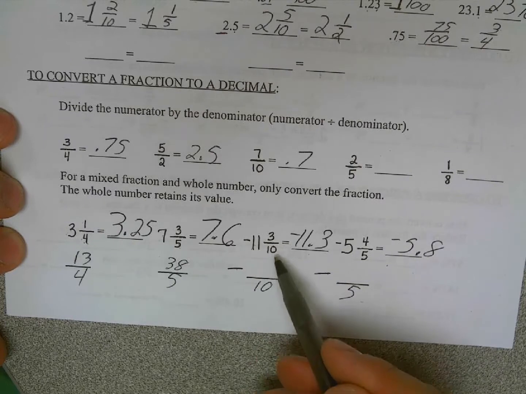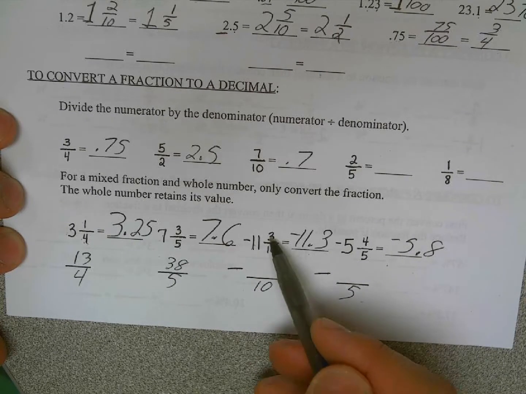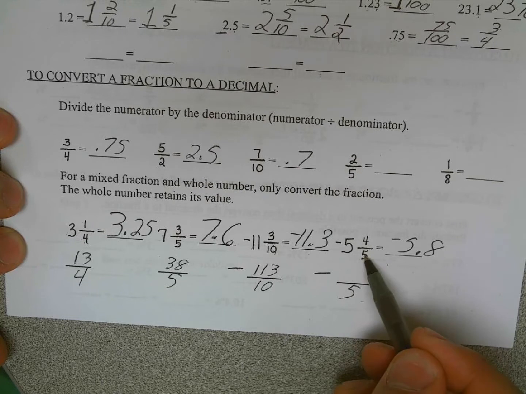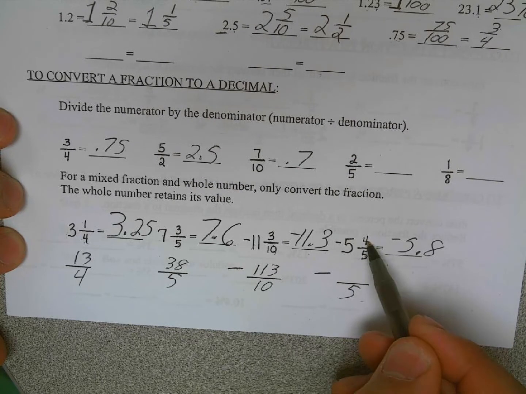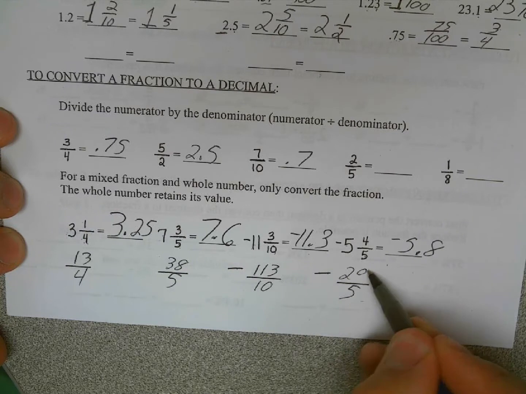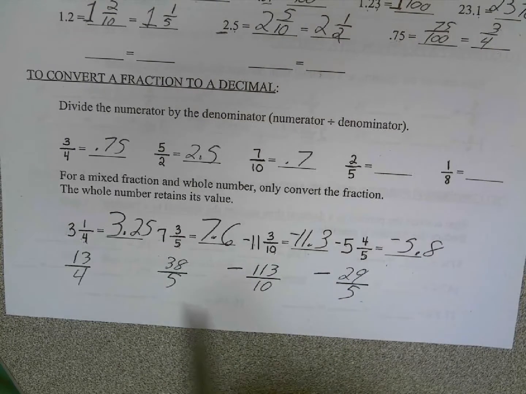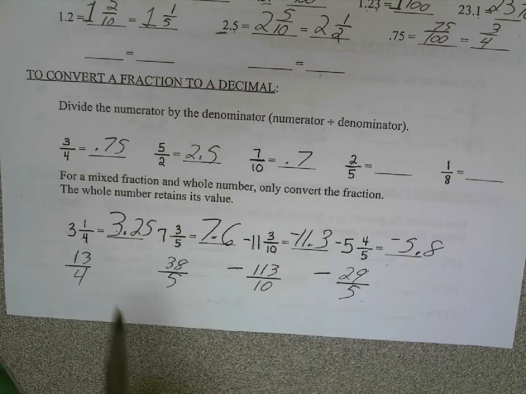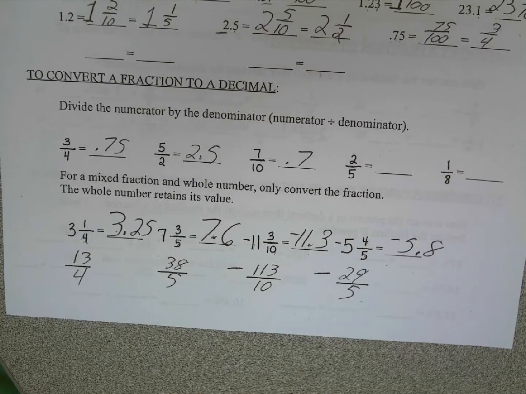So 11 times 10 is 110, plus 3, 113. 5 times 5 is 25, plus 4, that's 29. Okay, so we can write it as a decimal, 3 wholes and 1 divided by 4, and we can also write it as an improper fraction mentally.